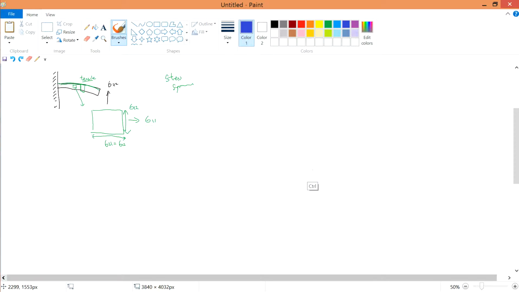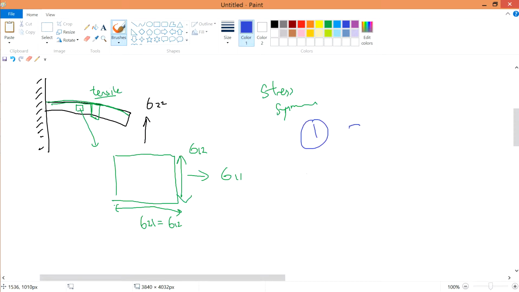Ta-da! Therefore, I can set up my matrix now: sigma 1, 1, sigma 1, 2, symmetric so sigma 1, 2, and sigma 2, 2 is simply 0. So this is our stress state, a matrix that describes the stress in its state.